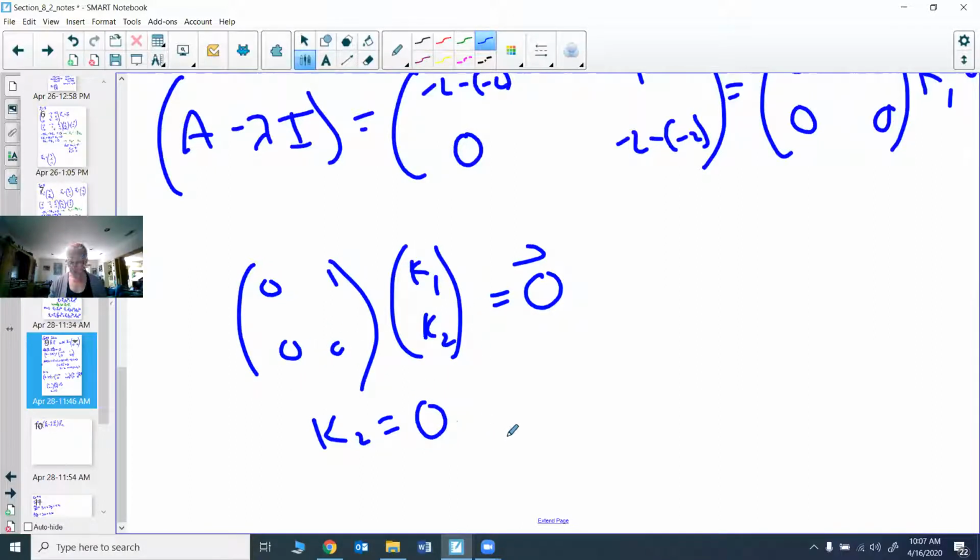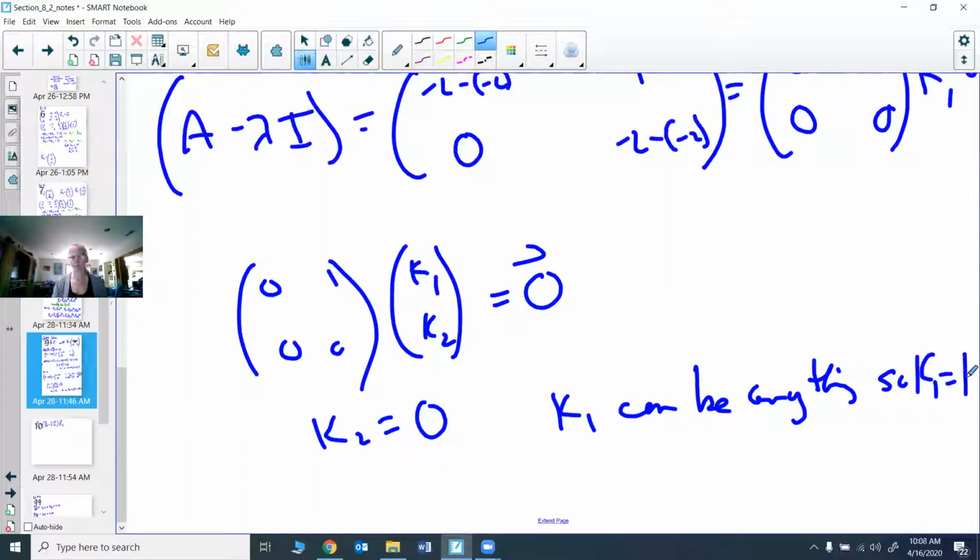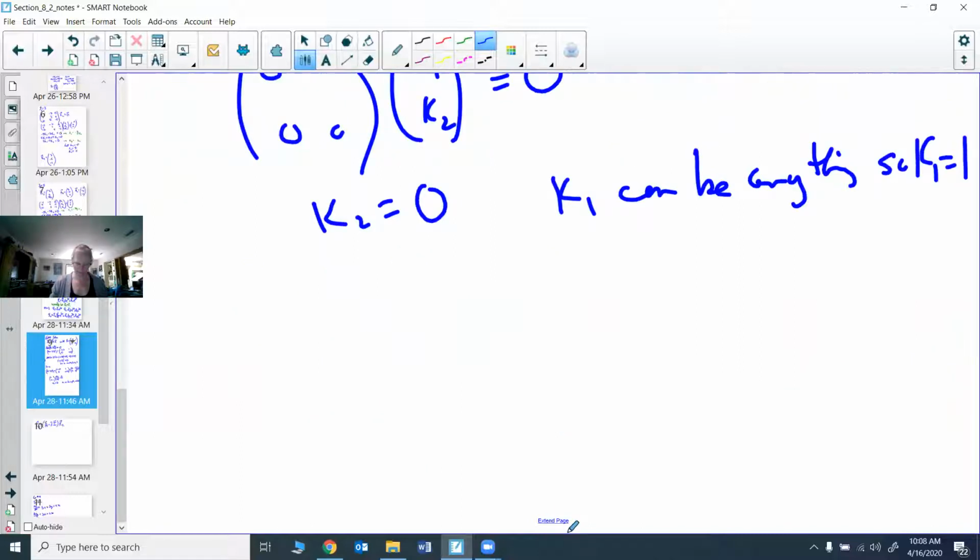So we end up with k2 equals 0. k1 can be anything, so why don't we make it 1? Because it's just easier to make it 1. You can't let it be 0, because then we wouldn't have what we need, but you can let it be 1.